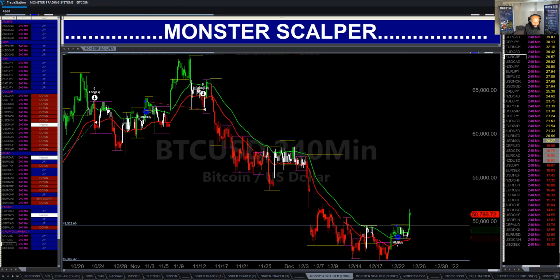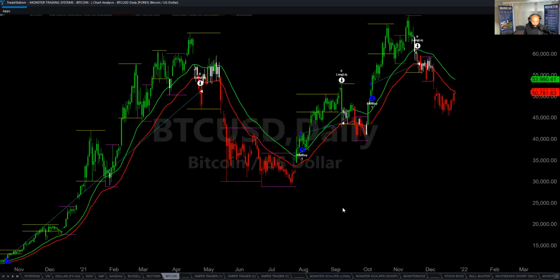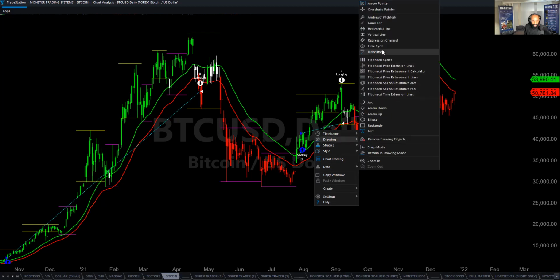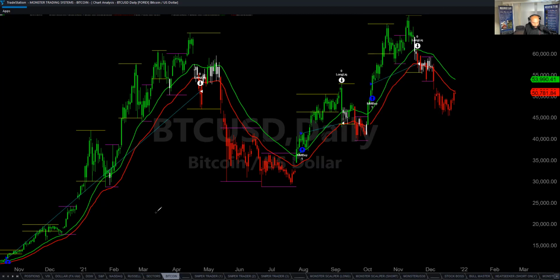I'm changing my view. It held right here, and I was looking for that trend to break, but it's amazing how quickly things will change. If we look here, it's kind of holding that uptrend.